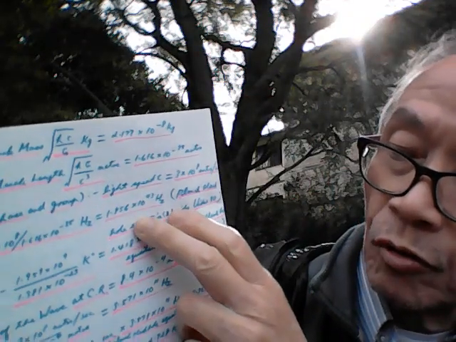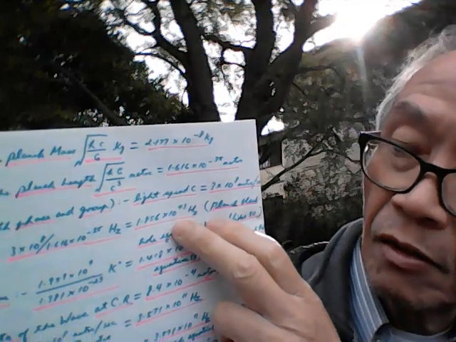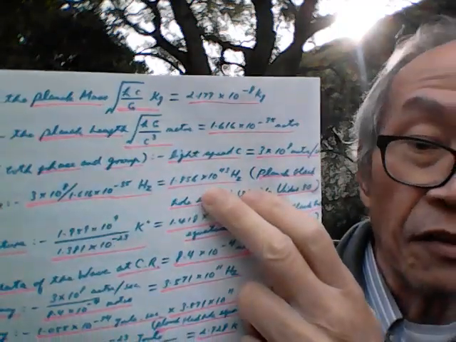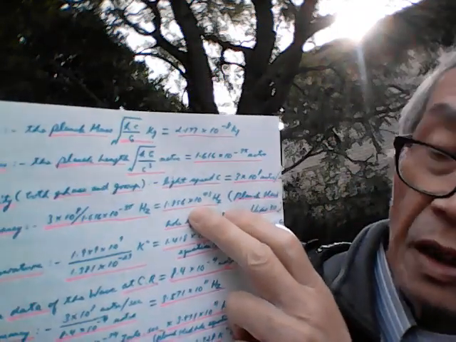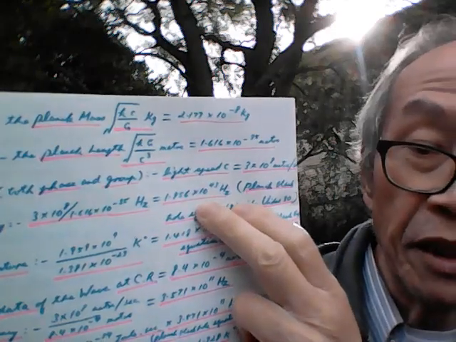And so it's equal to the frequency, 1.856 times 10 to the power 43 Hertz. And what about the temperature? The temperature is the Planck energy divided by the Boltzmann constant, 1.381 times 10 to the power minus 23, is equal to 1.418 times 10 to the power 32 Kelvin degree.